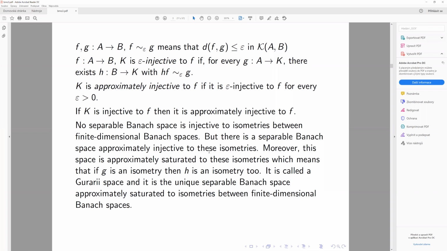So now to get some analogy of push-out, one needs a new concept which we introduced in that paper, and it was an epsilon push-out. So you have two morphisms, F and G, and now an epsilon push-out is an epsilon commutative square. It means that it commutes up to epsilon.